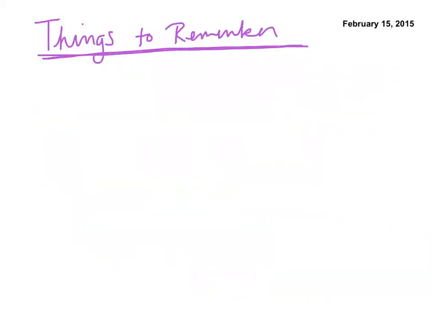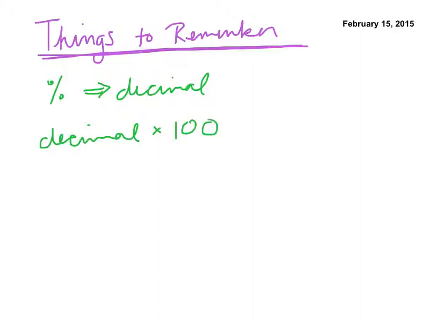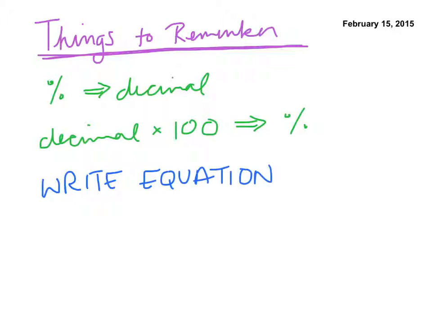Some things to remember before you begin your assignment is percentages need to be in decimal form when you use them in an equation. When you get a decimal, you have to multiply by 100 to get you a percent. Also, you want to always remember to write your equation carefully.